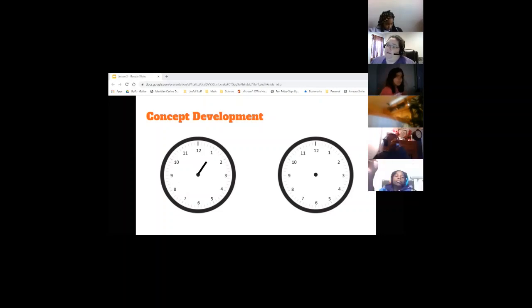So it's 1:10. That clock shows 1:10. And we know that it shows recess.